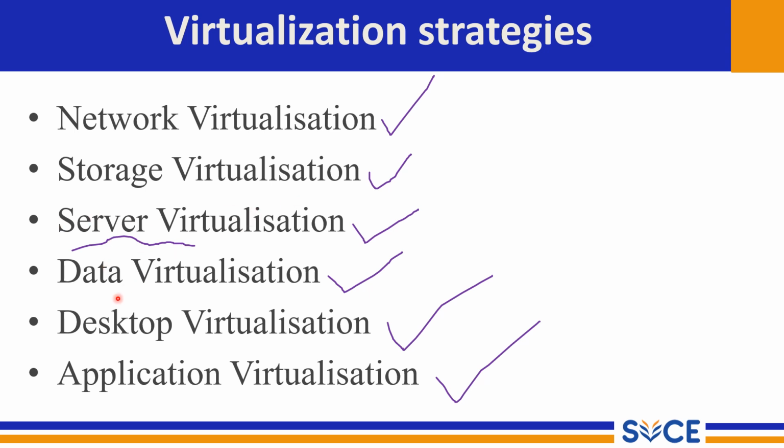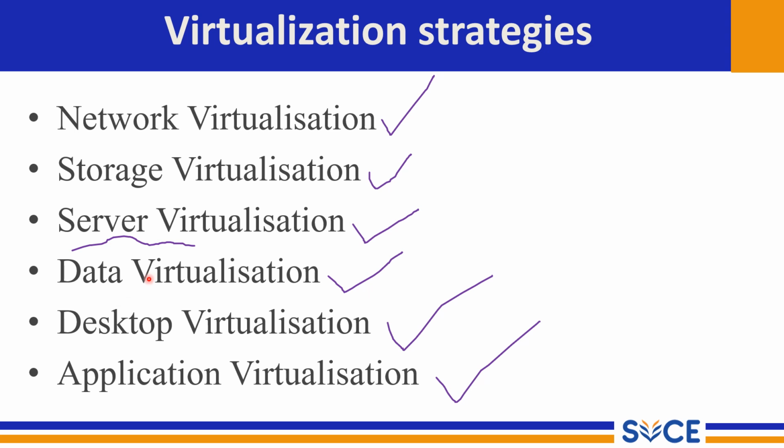And next one is data virtualization. So what is meant by data virtualization? In this technique, it involves gathering data from different information sources to create a single logical and virtual view of information. This information is accessed by front-end users like applications and dashboards without any information of the data storage location.